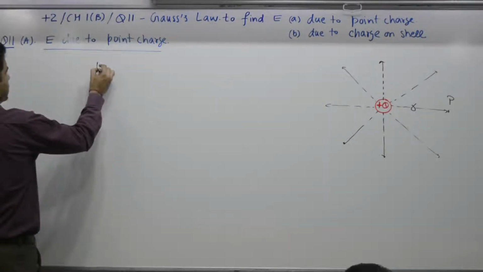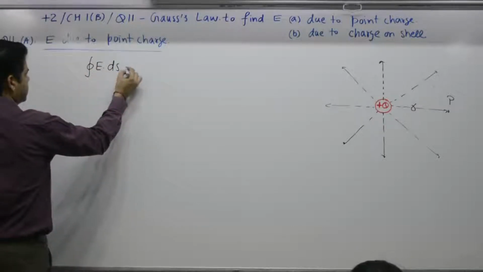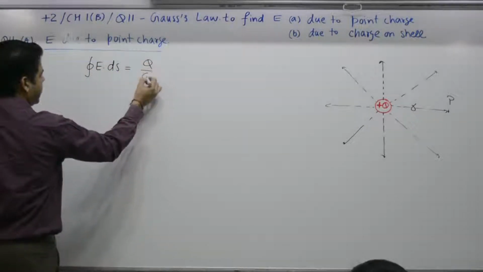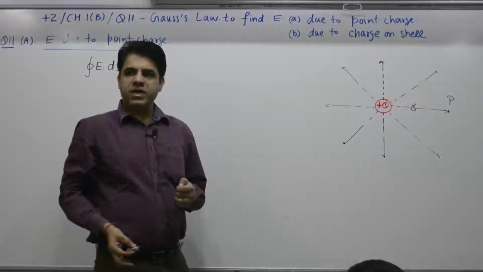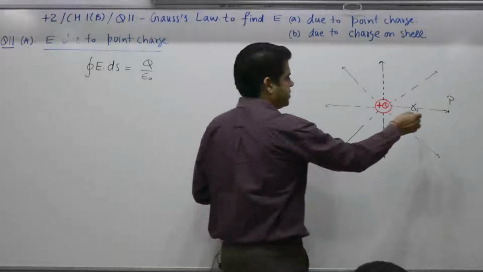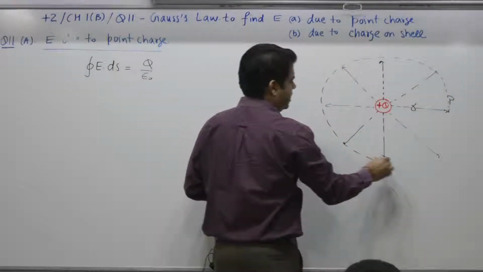As per Gauss's law, the closed surface integral of E dot dS is equal to Q by epsilon naught. Step 1 for all Gauss's law applications is to draw a Gaussian surface. In this case, it is a sphere.